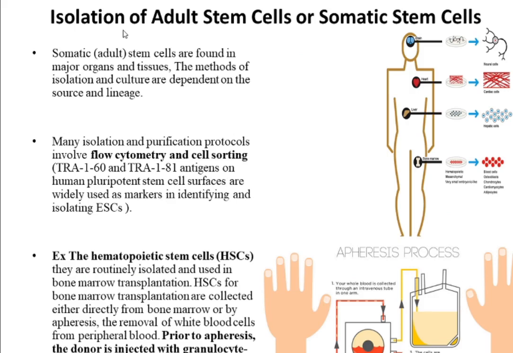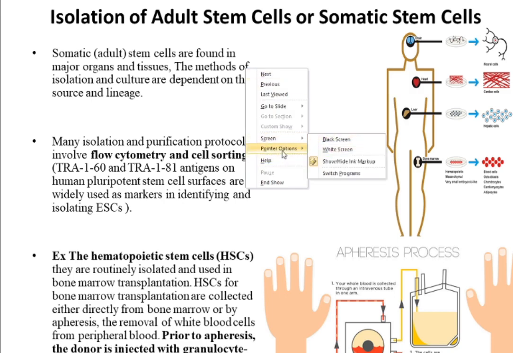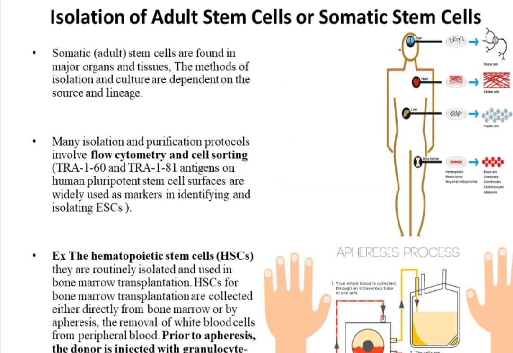The second thing, the isolation of stem cells in the adult, or isolation of somatic stem cells. As we have already seen, the stem cells can reside in the brain, or in the heart or in the liver, and the most prominent source is the bone marrow.